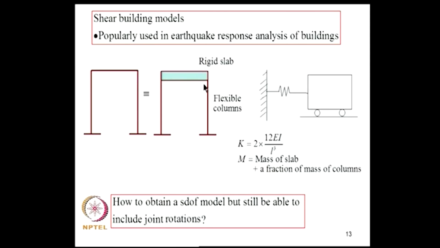Now, I would like to arrive at a single degree of freedom model just the way I have done here, but I want to make allowance for possible rotation of the joints. So, the question is how to obtain an SDOF model, but still be able to include joint rotations.